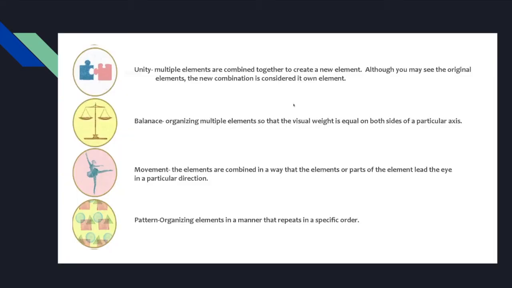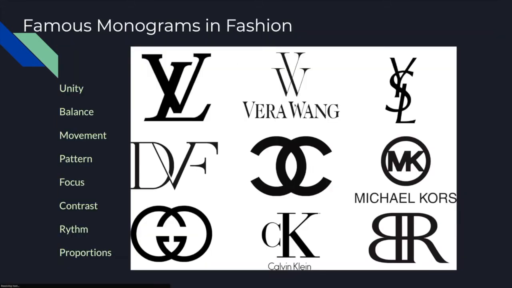We're going to be focused on unity. And unity, as the definition goes, is when multiple elements are combined together to create a new element. Although you may see the original elements, the new combination is considered its own element. So the basic idea of this is that as you look at a logo, do you think the way they combined it looks as if it created a whole new image?